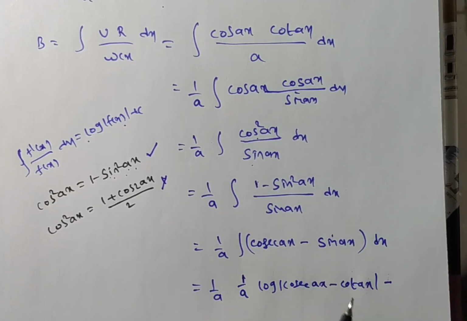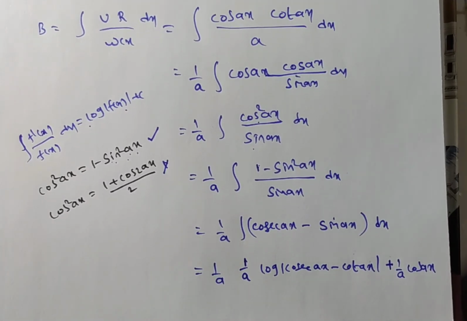The integration of sin ax is minus cos ax by a, that is, 1 by a times cos ax. Is it clear for everyone? So if you simplify this, we will have the b value. This b value is 1 by a square times log of mod of cosecant ax minus cot ax plus cos ax, since 1 by a is for both.